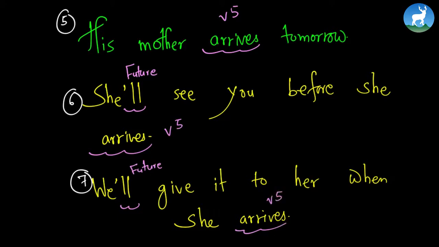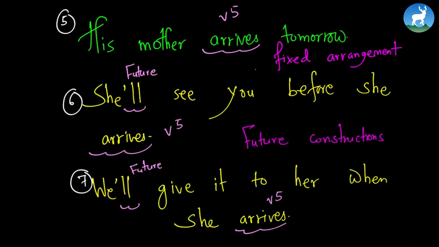Now if you look at the uses of these sentences, the first one actually talks about a fixed arrangement. The second and third, I mean number 6 and 7, deal with future constructions. His mother arrives tomorrow, or I can say something like our holiday starts on the 26th March. This one in particular talks about a fixed arrangement, and the second and third deal with future constructions.